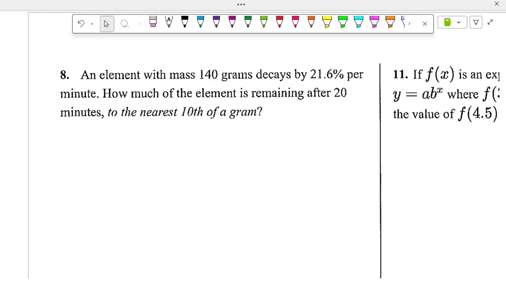So figure out what type it is, whether it's growth or decay. Make sure you put in the correct formula.